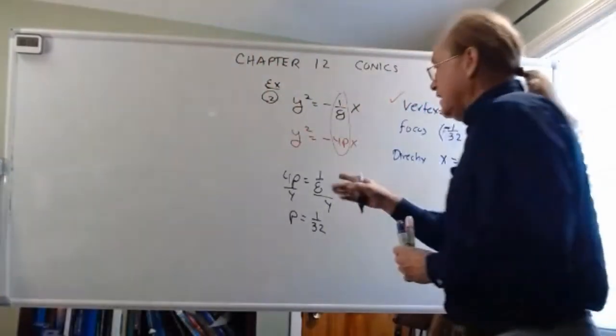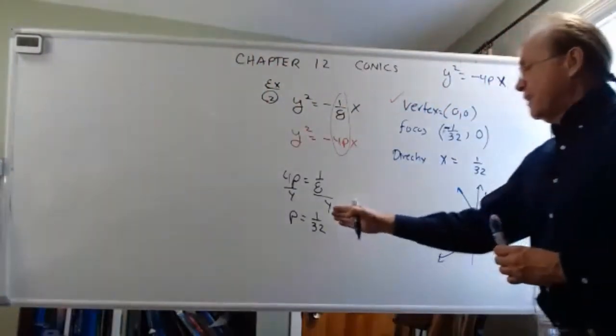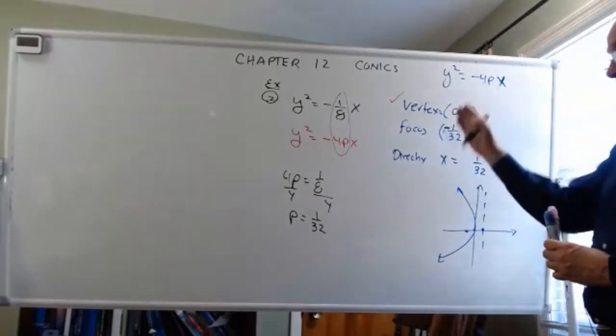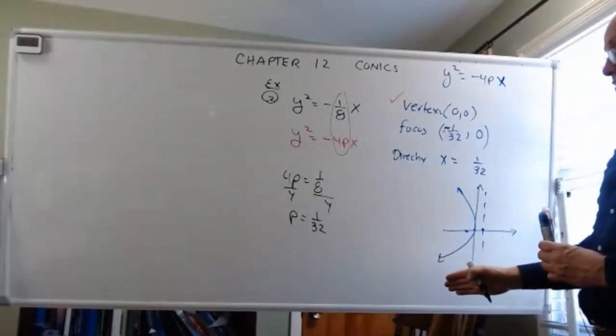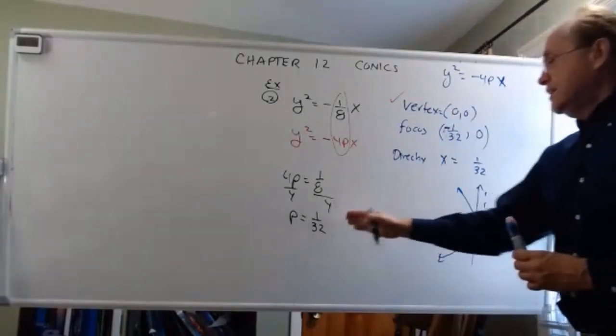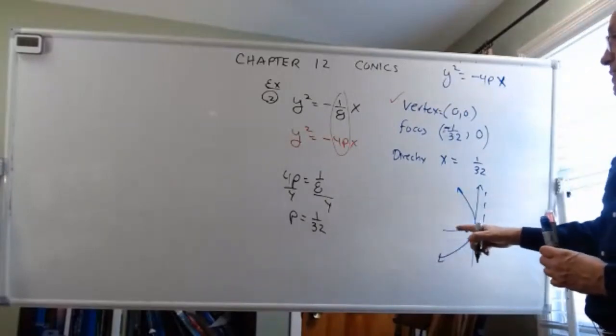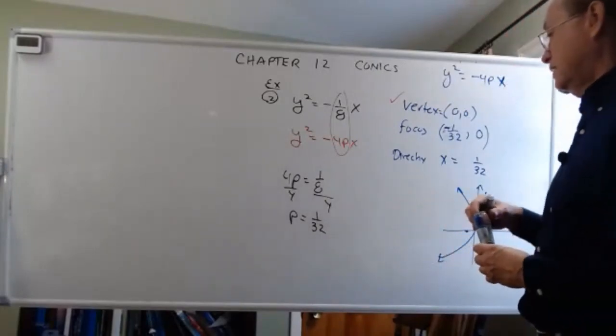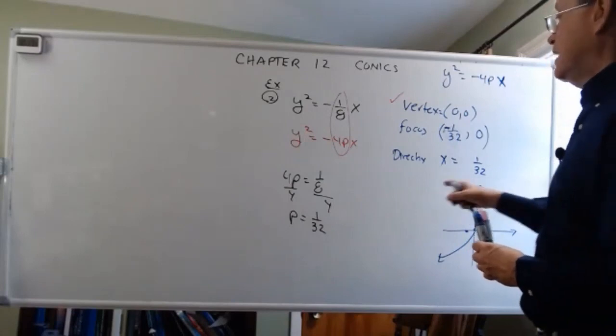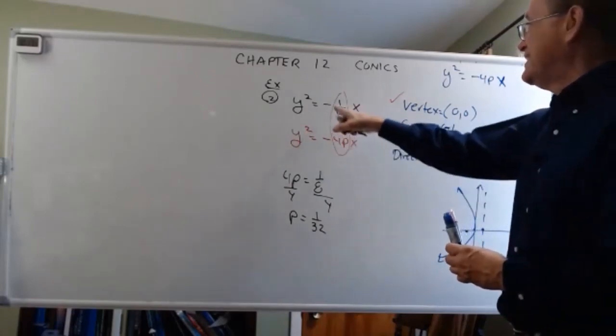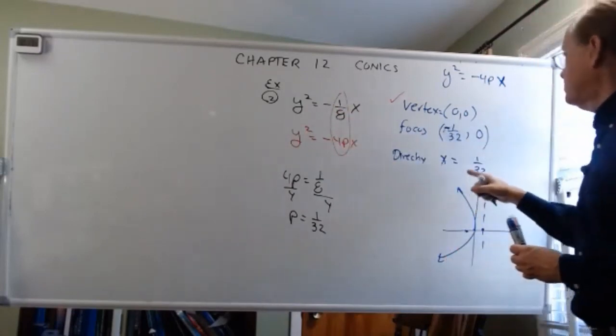Now, the other one went with my focus along the y-axis. Over here, this p has to be along my x-axis. So now the p is over here, but this is the negative of p, so what do I have to put over here?